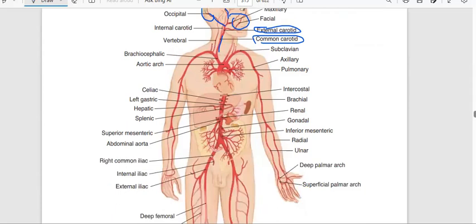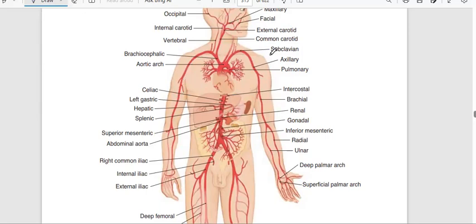Next we have the upper limb. This aortic arch makes one branch here also. This is called the brachiocephalic artery. Next it comes downwards.